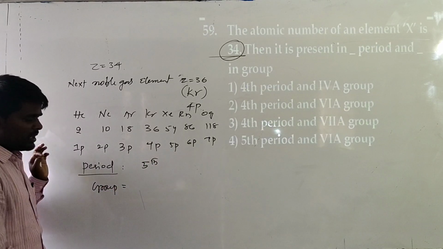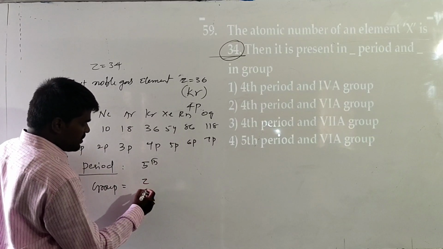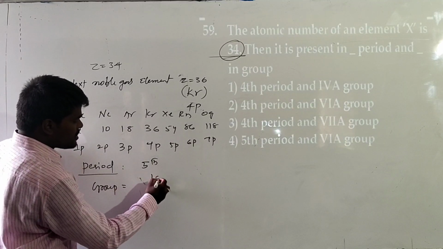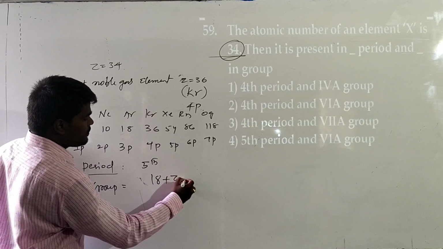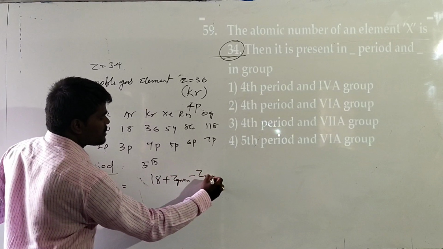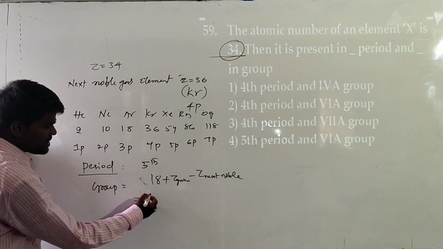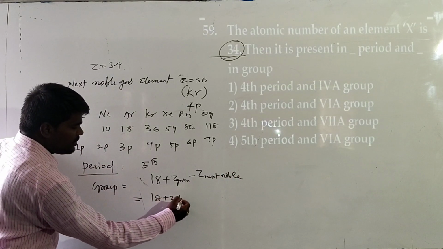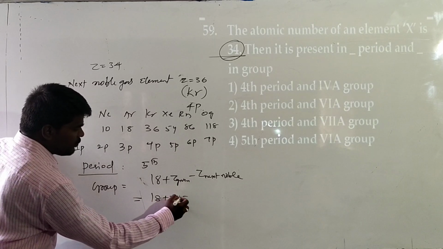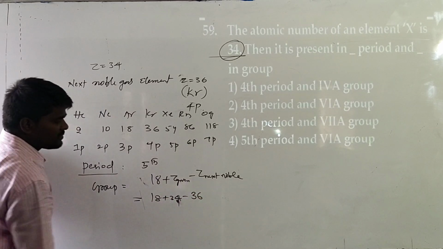And how to determine the group number? What is the formula? 18 plus Z given minus Z of the next noble gas. What is Z here? The atomic number. So what is the given atomic number? 34. Right?